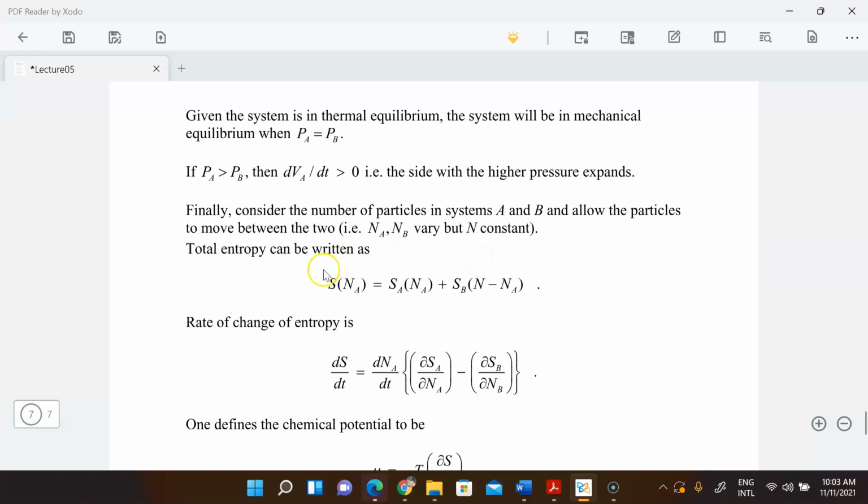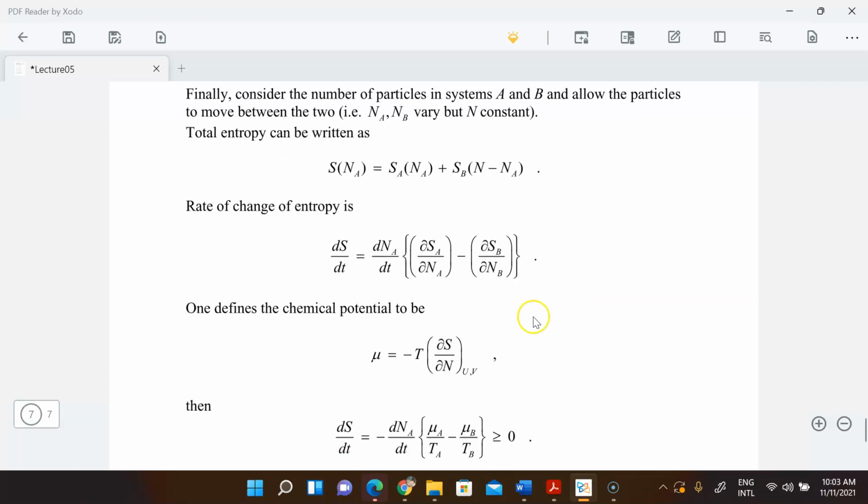And again, like before, we express the entropy as a function of the number of particles over here. So we choose A again. So you have S as a function of Na equal to the entropy of subsystem A as a function of Na, and the entropy of subsystem B as a function of Na again.